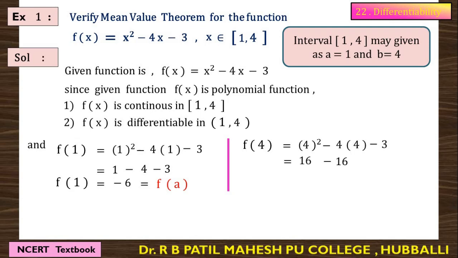Here 16 minus 16 minus 3. 16 minus 16 gets cancelled, that means it becomes 0 and you will get minus 3. So take this as f of b. Here there is no condition that f of a and f of b are equal. If they are equal, then the theorem is nothing but Rolle's theorem.